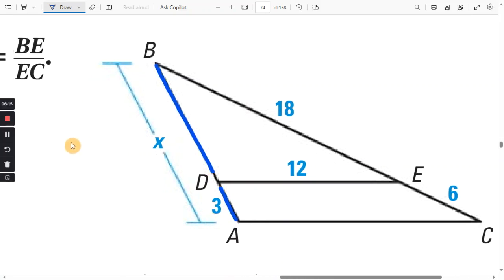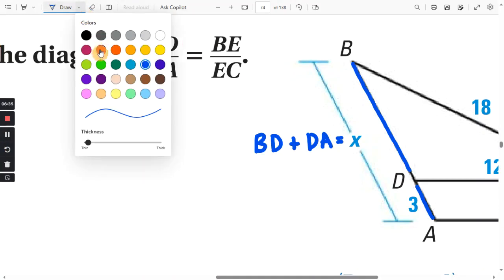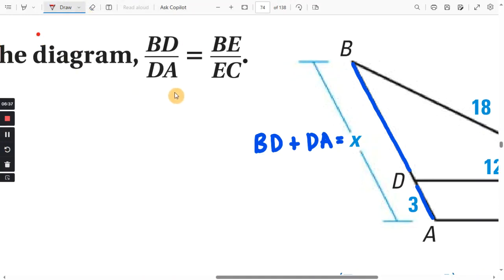So x actually equals BD plus DA. So what we could do to the ratio and proportion that they gave us, we can change it. We said you can add each denominator to the respective numerator. So this is going to be BD plus DA.